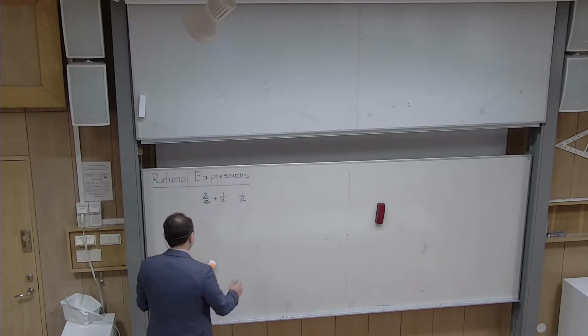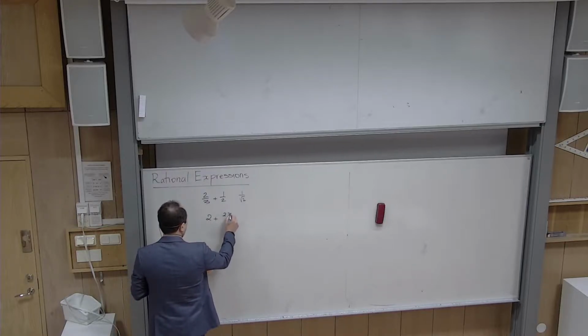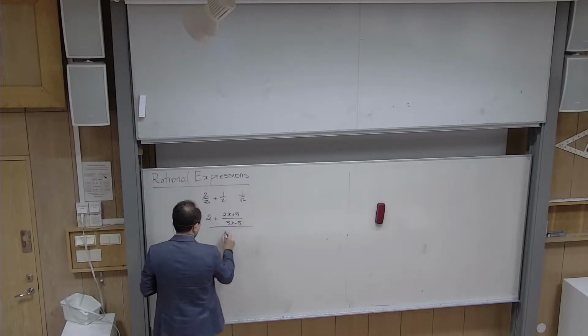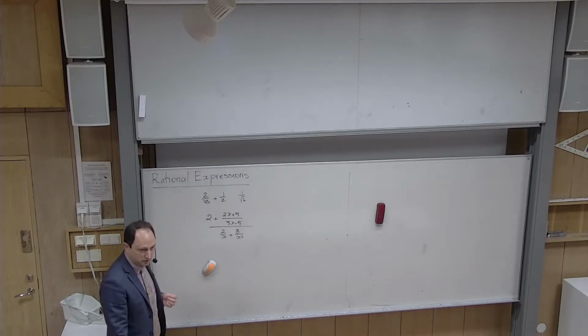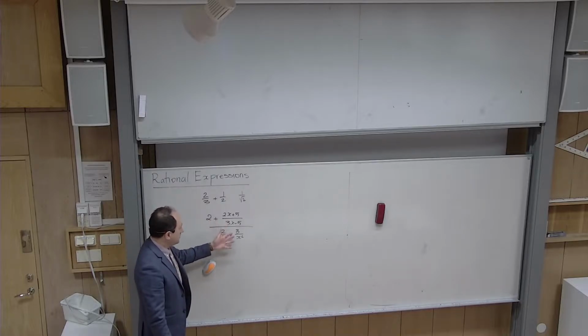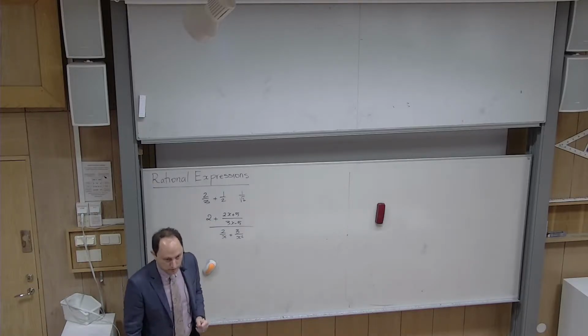No, but I mean for me this is also a rational expression: 2 over x plus 3 over x squared. That is considered also a rational expression. Yes, because the reason that this is a rational expression is that after being simplified, it can be reduced to a single fraction whose numerator and denominators are polynomials.